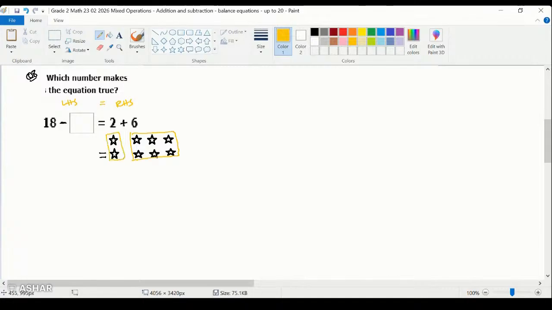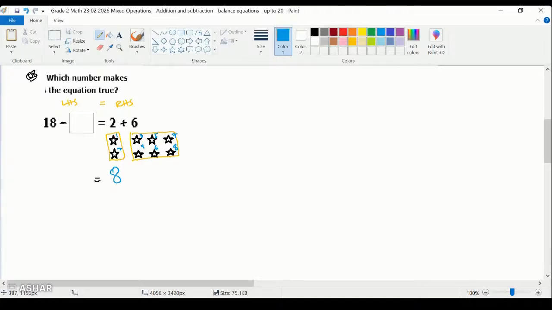So when we add them together, the total number of stars would be, thank you, May, thank you, Alicia. The total number of stars would be, we can write down the numbers: 1, 2, 3, 4, 5, 6, 7, and 8. That means 2 plus 6 would be equal to 8.